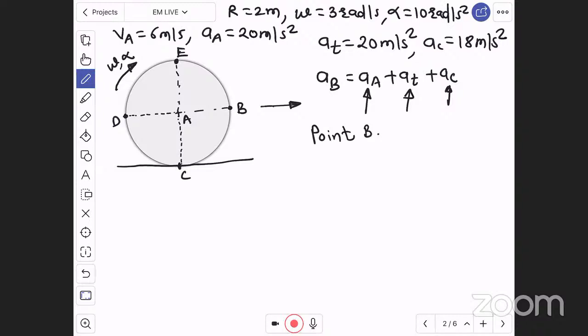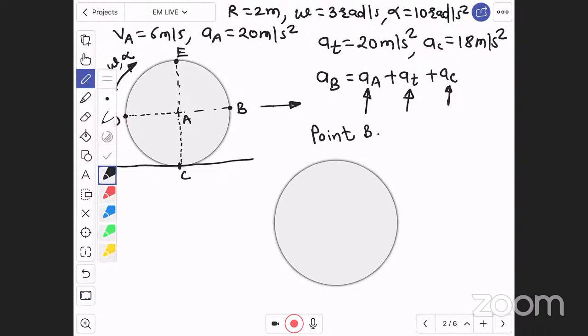Now my dear students, with respect to A, consider point B. Here you can see, if I draw one wheel, let us say this is a wheel, right. For this wheel, center point is A point, which is moving with acceleration of A, towards right, right. Acceleration of A is given towards right, definitely.